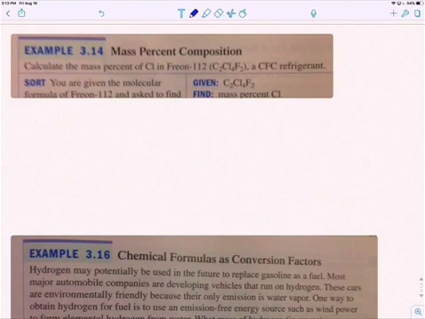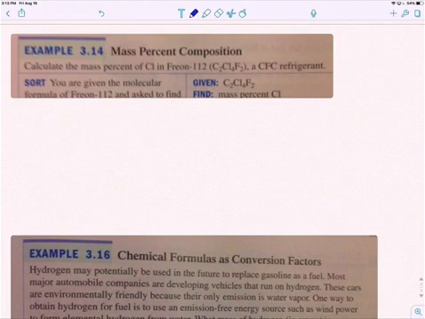So what's the mass percent of chlorine? You might say, where's the equation for this? Many of these are considered common sense. Think of body fat percentage. If you're 20% body fat, that means 20% of your weight is fat.